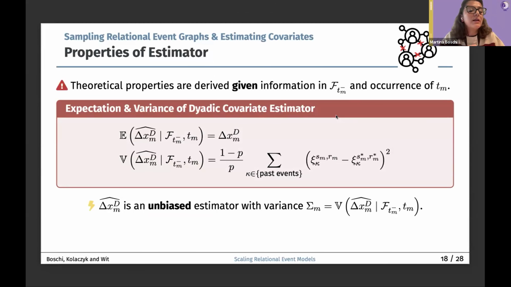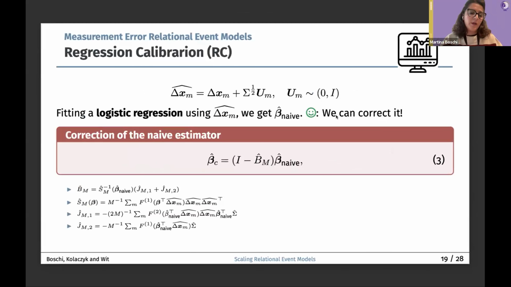And this was exactly what we were looking for. Indeed, we can now write down our estimator as the true covariate plus measurement error, and we know the variance of this measurement error. And so we can apply the correction that has been developed in the logistic regression framework in order to correct the naive estimator for the coefficient.